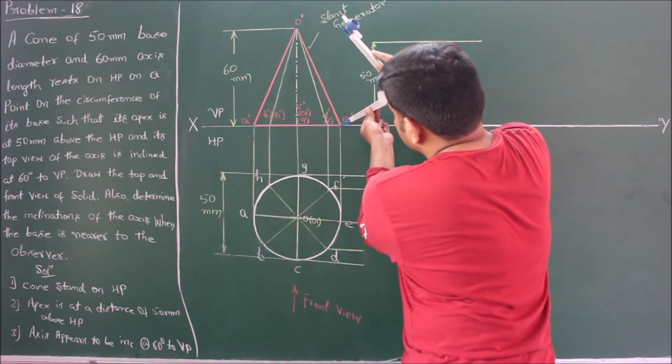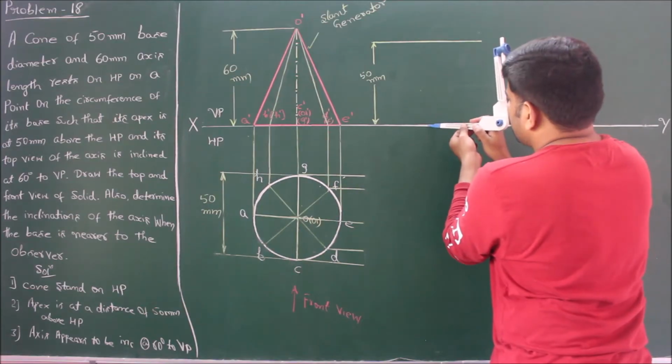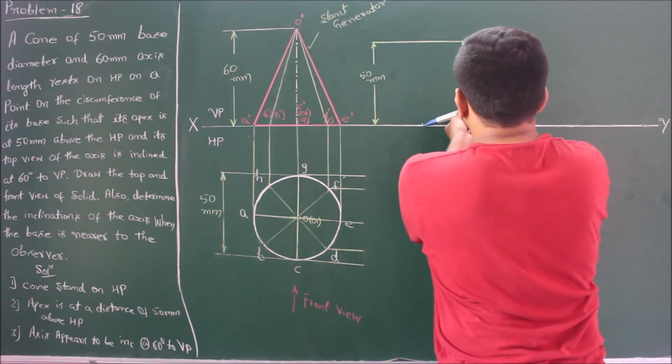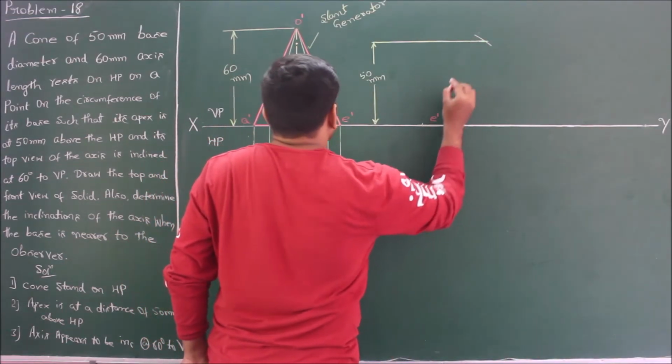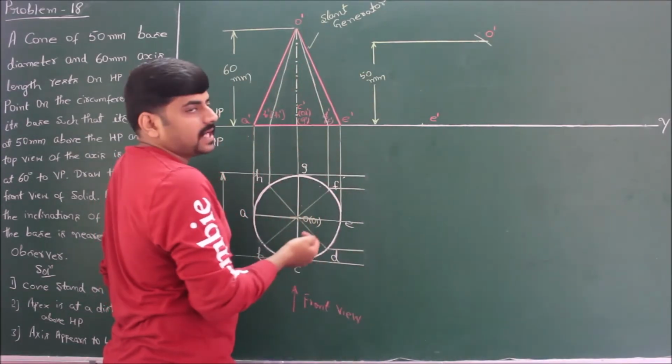Measure E prime O prime. Now fixing E prime, cut an arc. Thereby I have transferred the corners E prime and O prime according to the given condition.